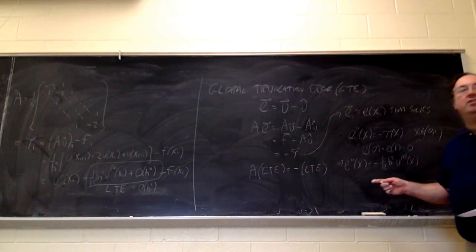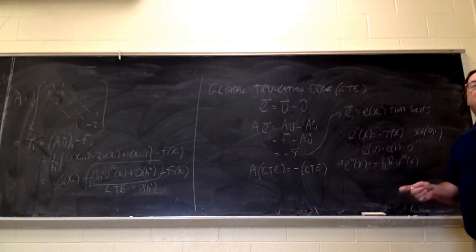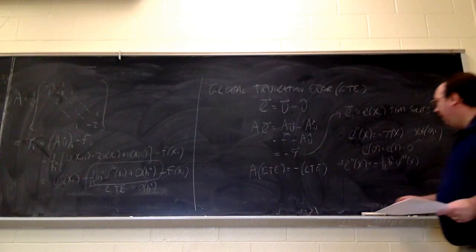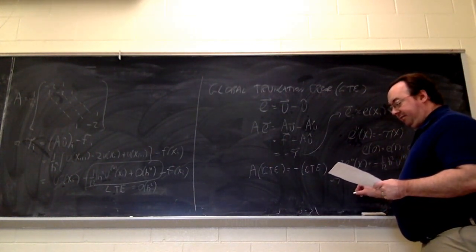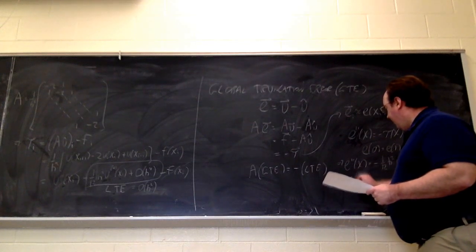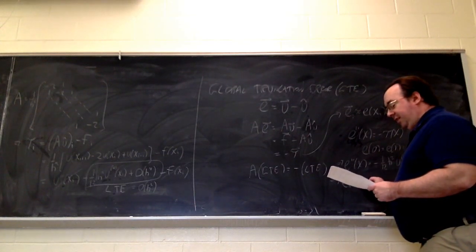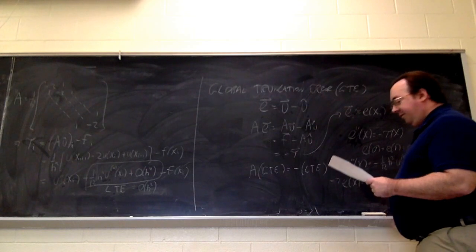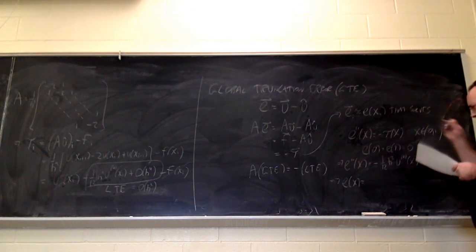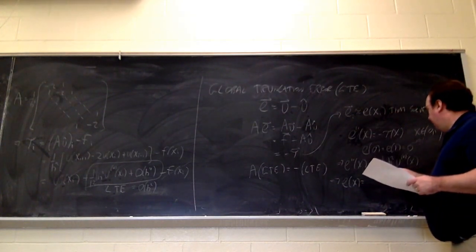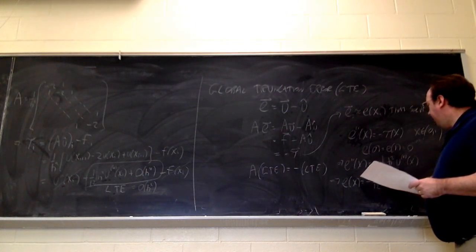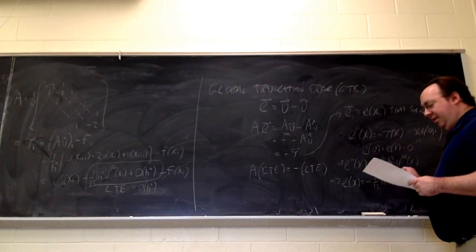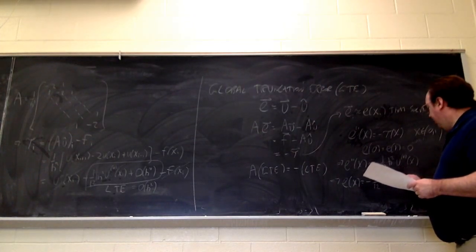But the thing is, now I can just go ahead and integrate this. I can basically solve for my error. So E of x turns out to be minus 1/12 h squared u double prime of x.